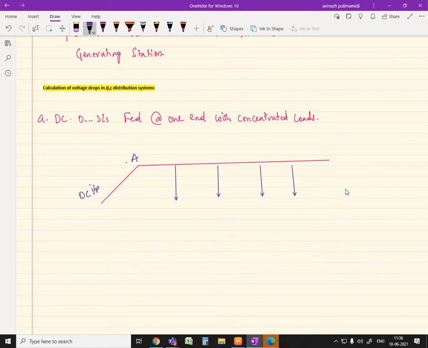Let us take four loads. The total string is A to B. Then how many tappings will be there here?